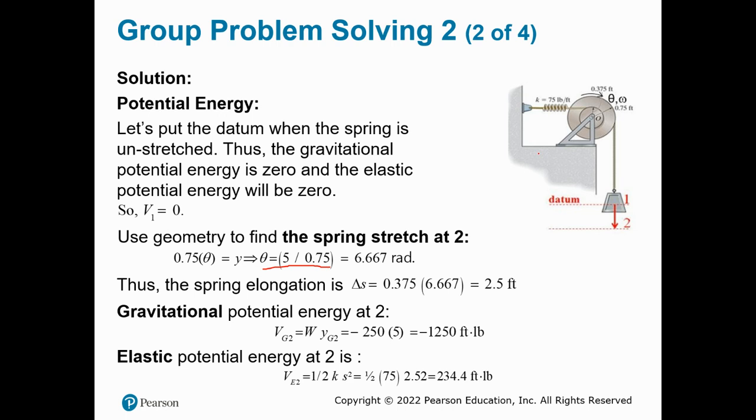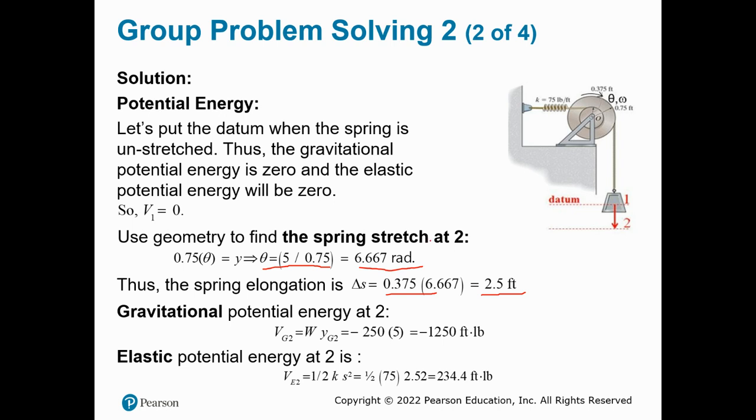How much we turn is the same angle no matter whether you're looking at the outer radius or the inner radius. So the spring elongation, after we get the angle change, is that angle multiplied by the inner radius of the pulley. So we figure out the spring when the block comes down 5 feet. That means the spring is stretched 2.5 feet.